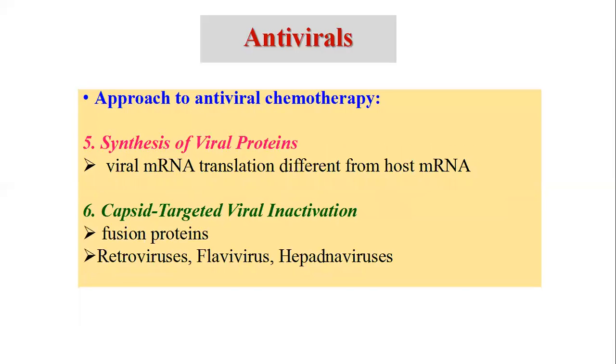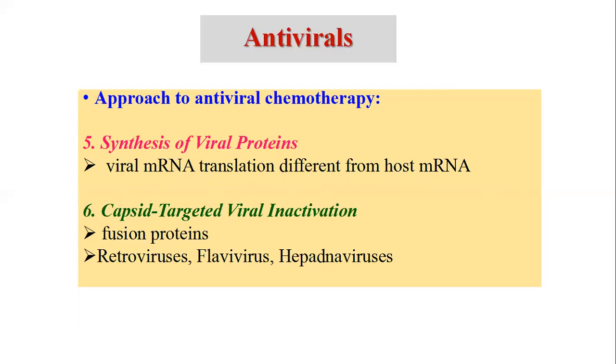And the fifth approach is synthesis of viral proteins. Here, viral mRNA, in the next step, in association with ribosomes, will synthesize different structural and non-structural proteins via the translation process.